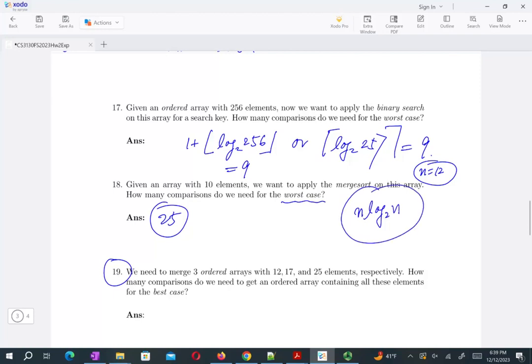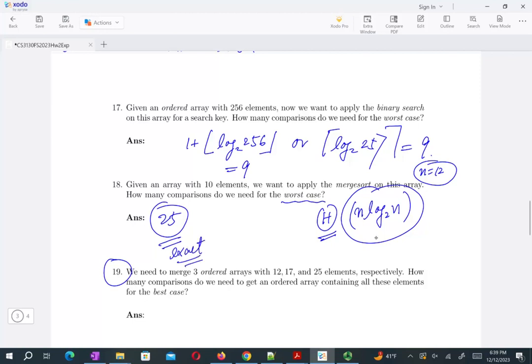Many students plug in and don't do it, because actually this is not an exact formula. This is asymptotic notation, merge sort asymptotic notation. Look at the symbol here. You cannot use asymptotic notation to calculate an exact number. Here we need an exact number.